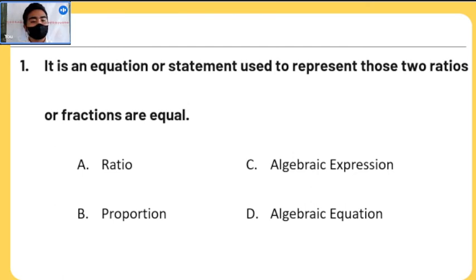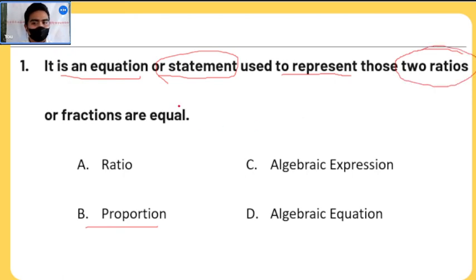The answer in here is proportion. Again, please take note, it is an equation or statement used to represent that two ratios are equal.